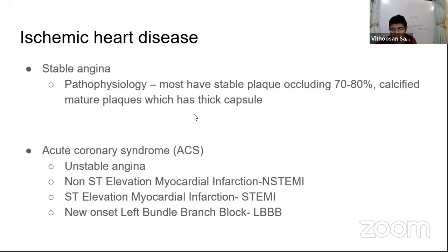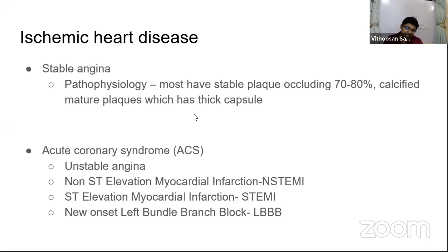But the problem is when they are on exertion, for example, when they walk, when they run, when they do heavy work, at that time their blood supply is not adequate. That is the time they develop the chest pain.